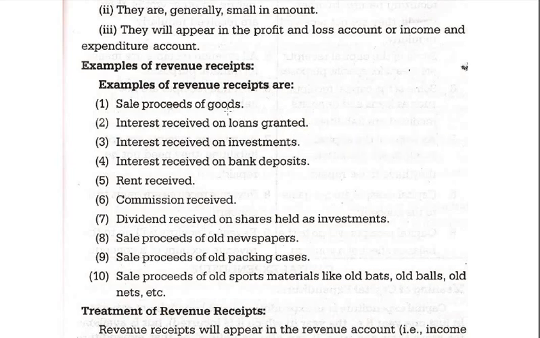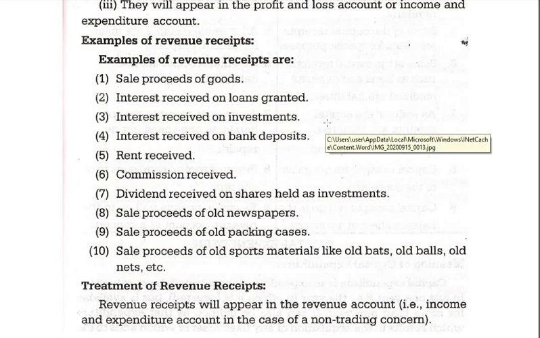Sale proceeds of goods. So sales are taking place very often. That is recurring in nature. Every now and then sales may happen or take place, and therefore that's an example for revenue receipt. Interest received on loans granted. So the interest on loan is normally received either monthly or half yearly or at least once a year.